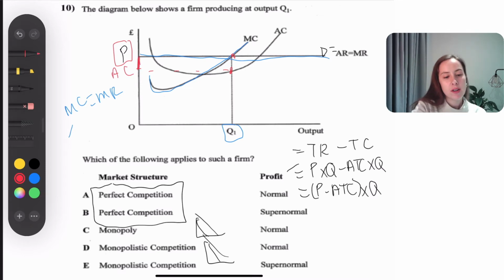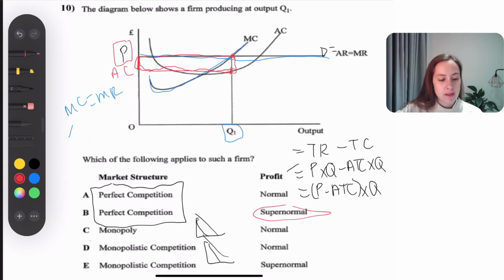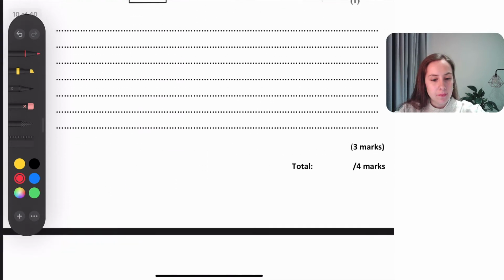Multiply that by how many units are sold. This is the total profits that the company makes. So this is an area that you can actually shade in. When it's normal profits, you can't shade anything in. You're kind of breaking even from a total revenue and total cost perspective. So that's supernormal profits, and the answer I would say is B.